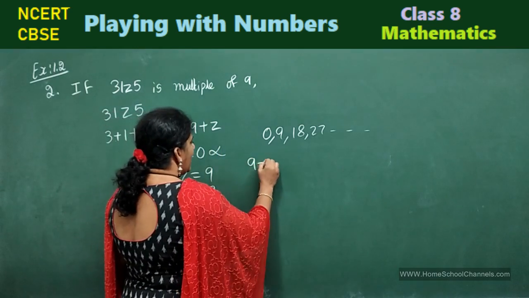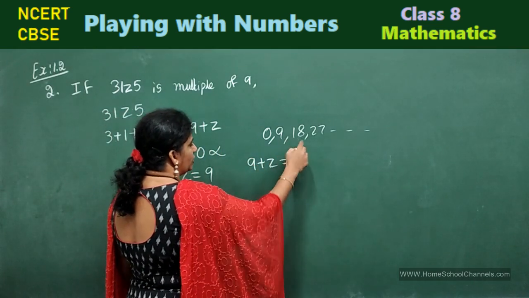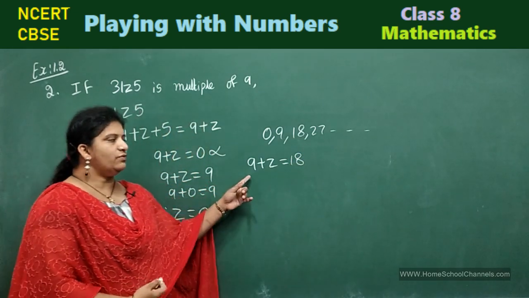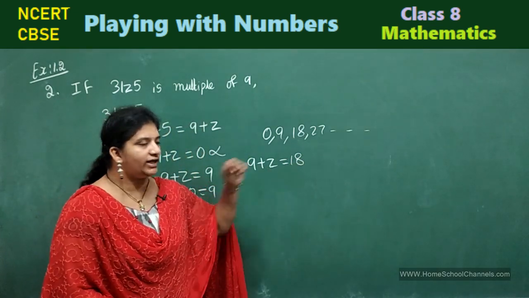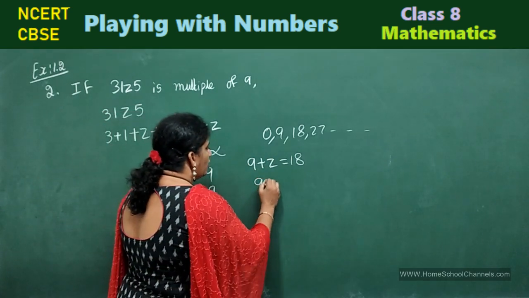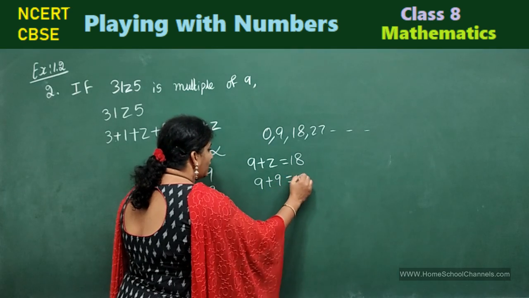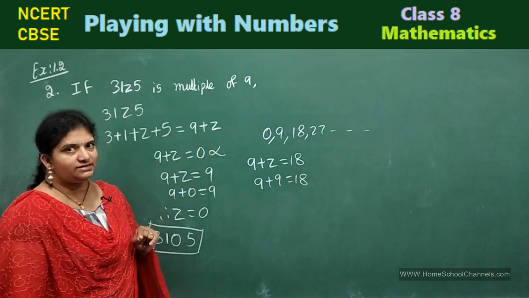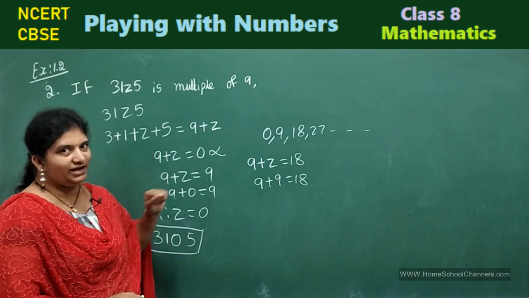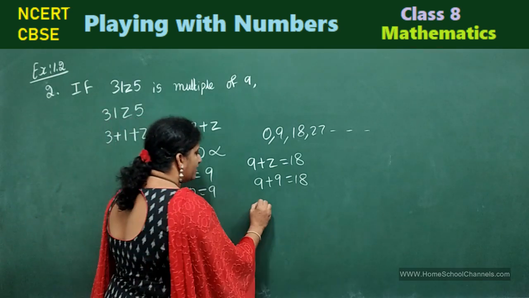Total 9 plus z is equal to 18. For 9, what do you add to get a total of 18? 9 plus 9 is 18. Okay, z might be 9 also. There is a chance that z might be 0 or 9. So what can you say here?